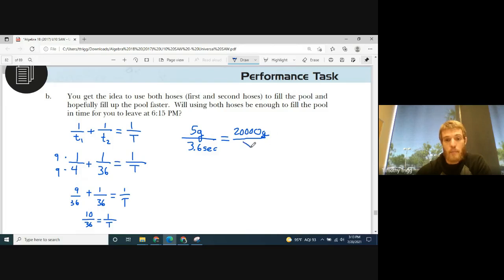So I want to know how many seconds that is going to take. Again, cross multiply. So 5 times x is 5x equals 20,000 times 3.6, which is 72,000 seconds.